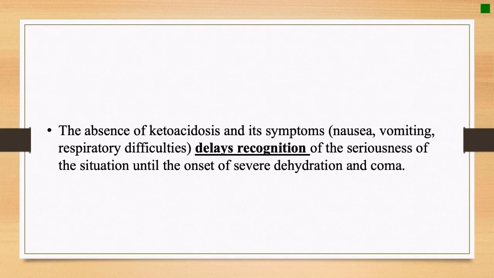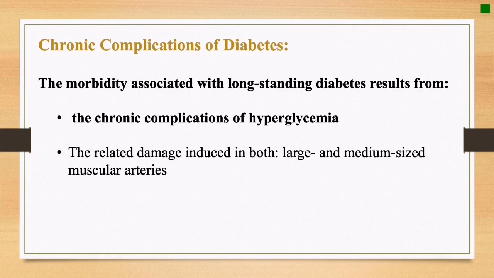The absence of ketoacidosis and its symptoms like nausea, vomiting, and respiratory difficulties delays the recognition of the seriousness of this situation until the onset of severe dehydration and coma. Chronic complications of diabetes. The morbidity associated with long-standing diabetes results from, first, the chronic complications of the hyperglycemia itself, and then the related damage induced in both large and medium-sized muscular arteries.